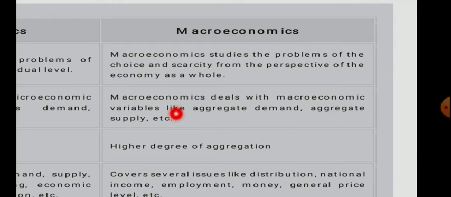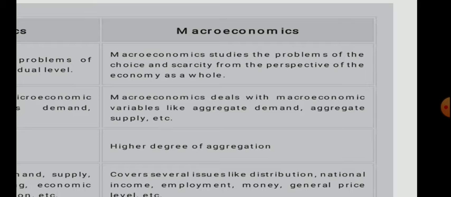Whereas, in case of macroeconomics, it deals with macroeconomic variables like aggregate demand, aggregate supply, national income, GDP. These are the types of variables we are dealing with under macroeconomics.